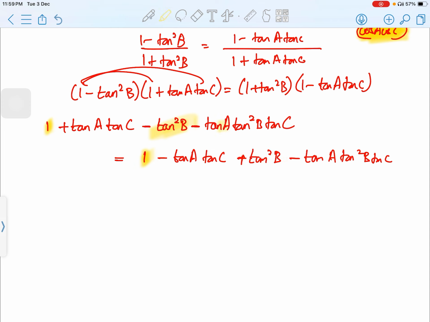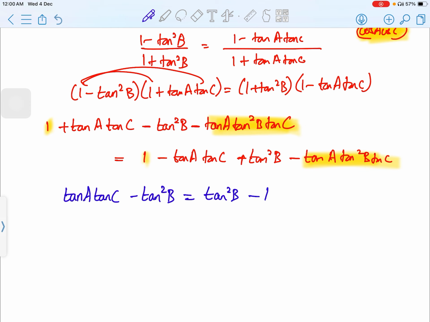So the retained terms are: tan A tan C minus tan square B equals tan square B minus tan A tan C.